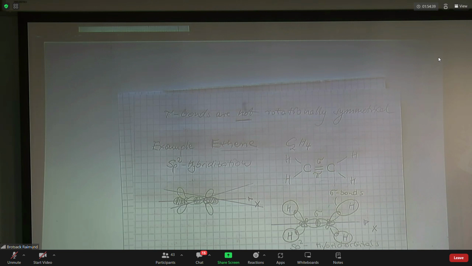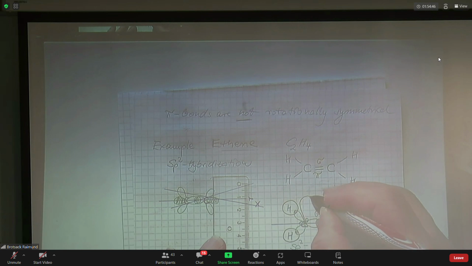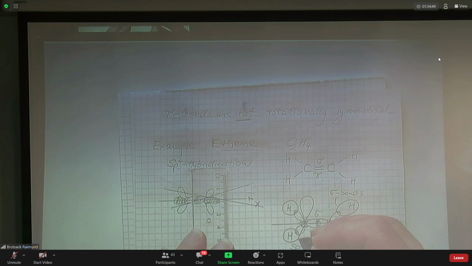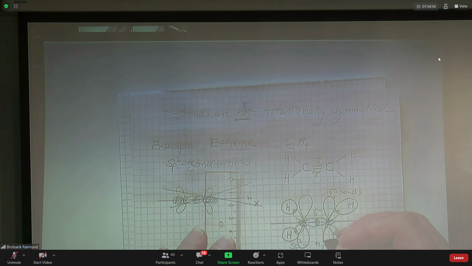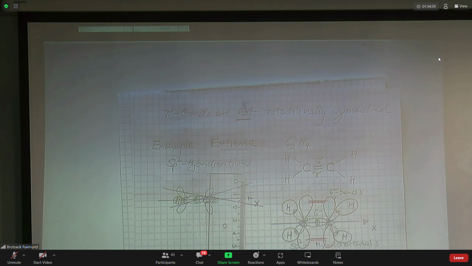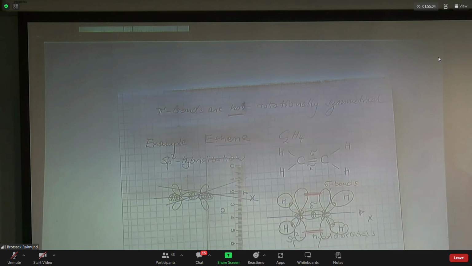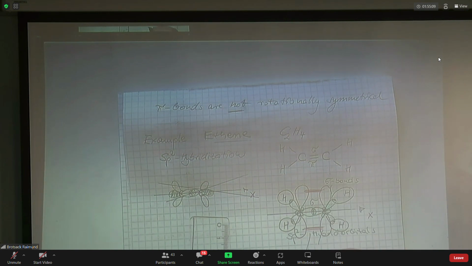But there is remaining now a py orbital from the carbon on the left side, and from the right side. And here we have an additional overlapping from the py, and this is a pi bond. This now is fixing the rotation.